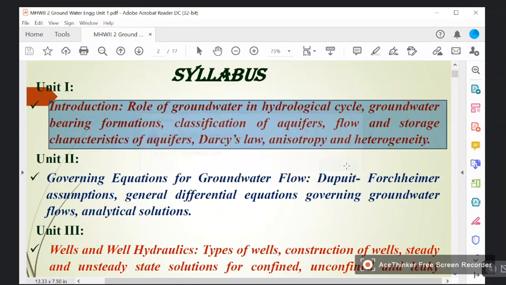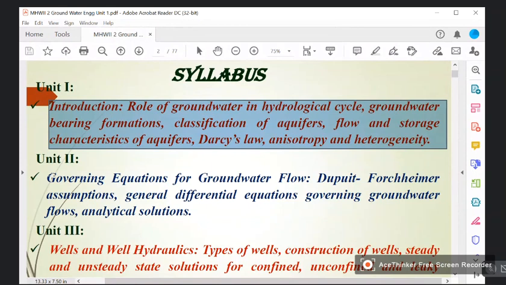From the next class onwards, we will proceed to the second unit: governing equations of groundwater flow, Dupuit and Forchheimer assumptions, general differential equation governing the groundwater flow, and analytical solutions.